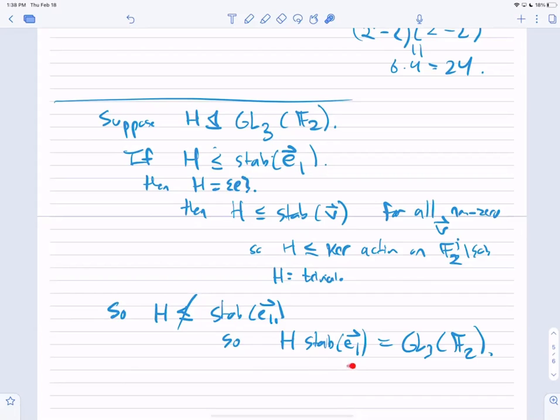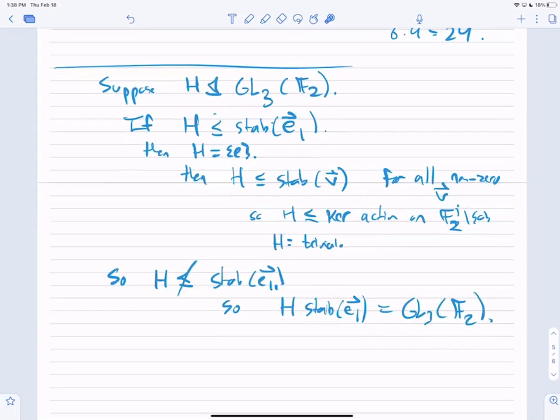And this is a subgroup because H is normal. If you take a normal subgroup and multiply by anybody in a group, this is a subgroup. So it's either index 7 or index 1. It's only going to be index 7 if H is contained in the stabilizer of E1. So this is actually equal to everything.